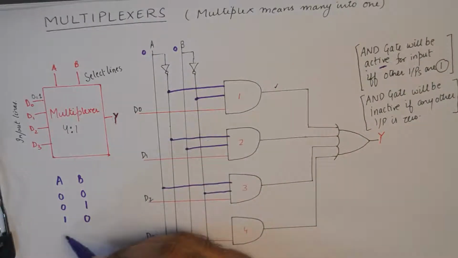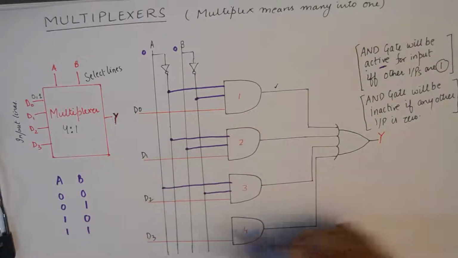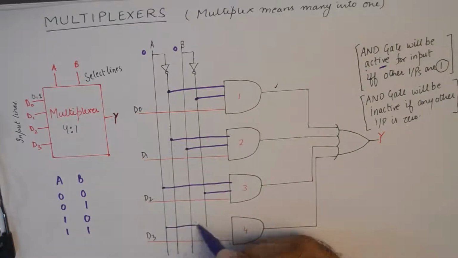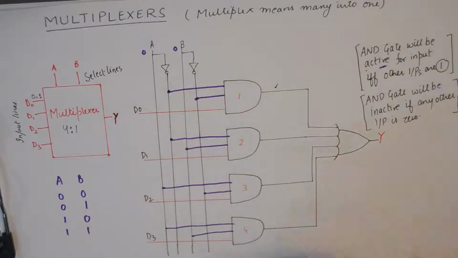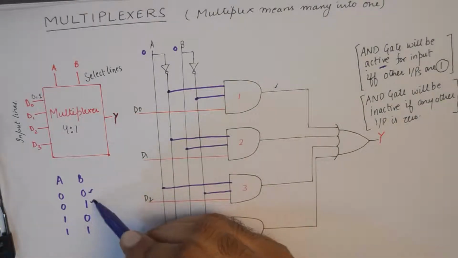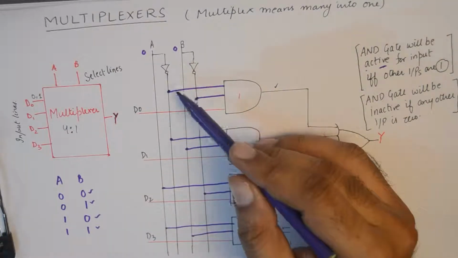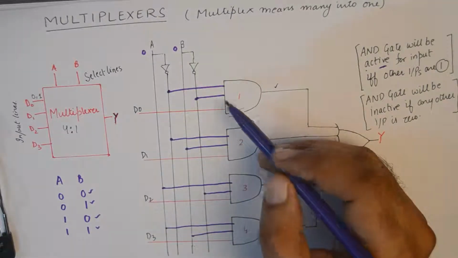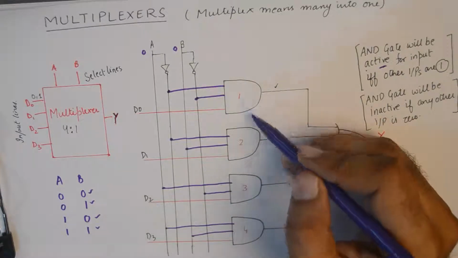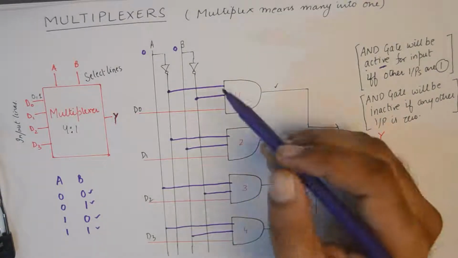And for 1, 1, which is the last possible combination. So for each of these combinations, I have chosen the select lines in such a way that only one of the gates will be active.